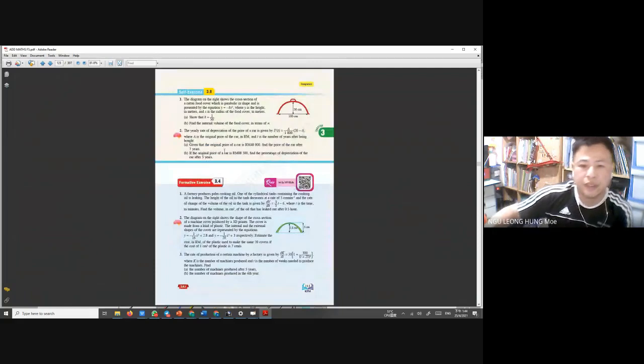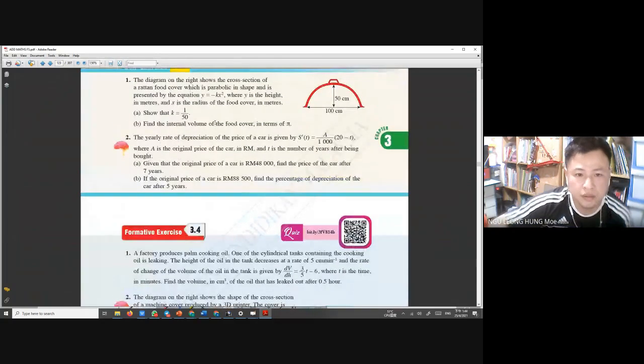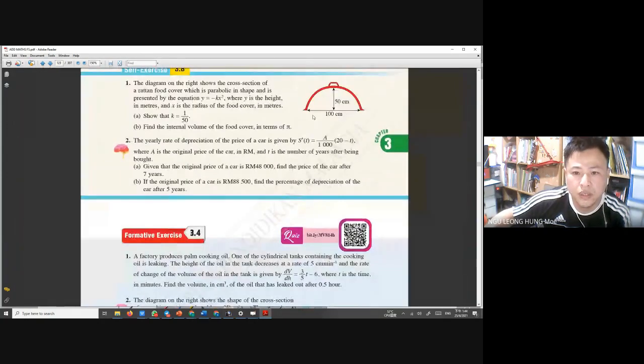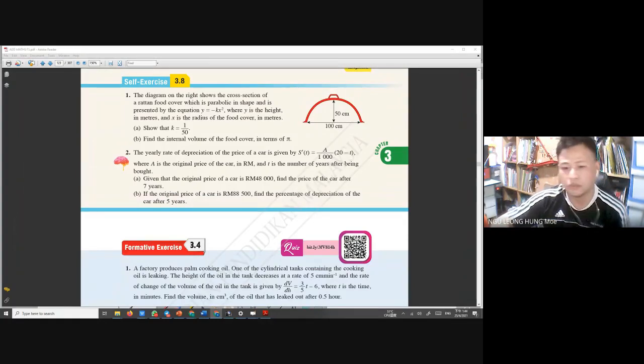Okay. See, these are some maybe interesting questions. Okay, this one. Okay, you can do this kind of question already, right? If yes, reply me 1. If not, reply me 2. Because I see few examples for the new syllabus already, all in this kind of question.